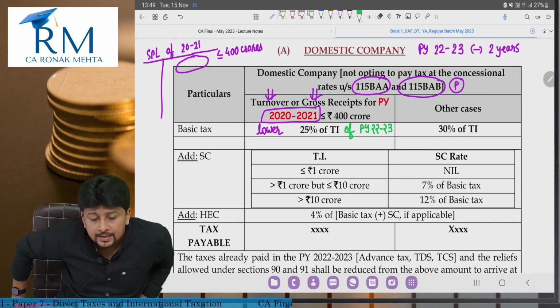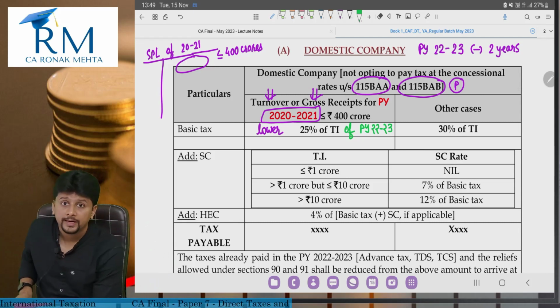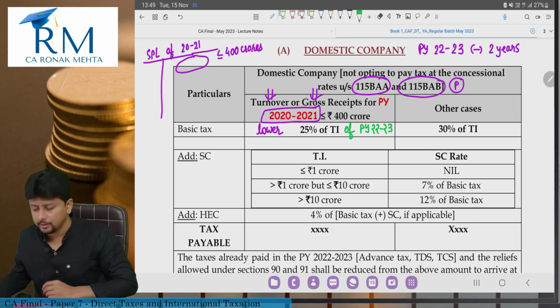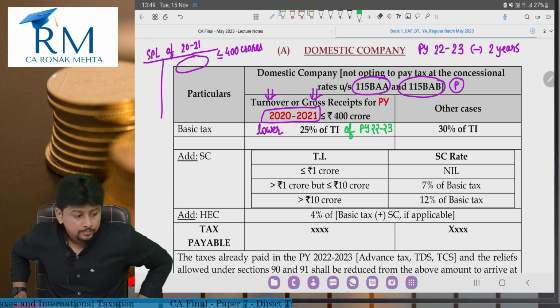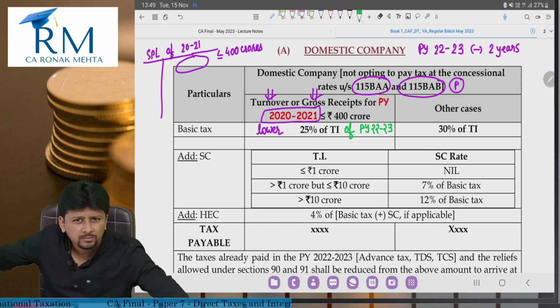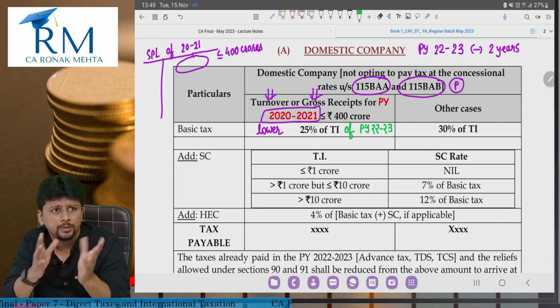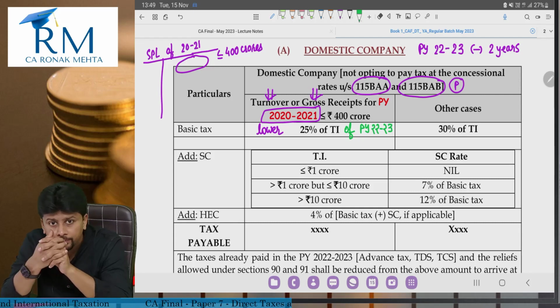First, India is one country where the corporate tax rate is much higher when you compare it globally. Singapore has, I think, single digit. Mauritius has maybe 12 or 15% tax rate on companies.